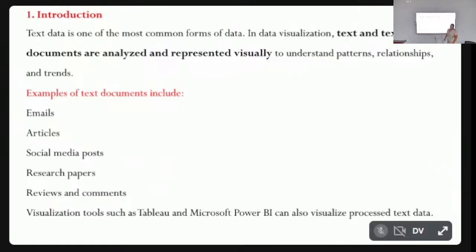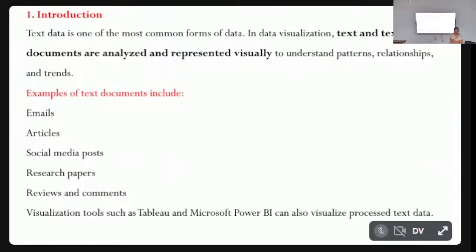So write down, text data is one of the common forms of data.